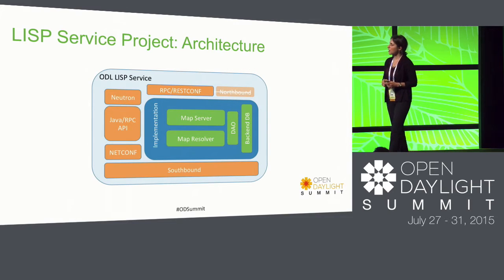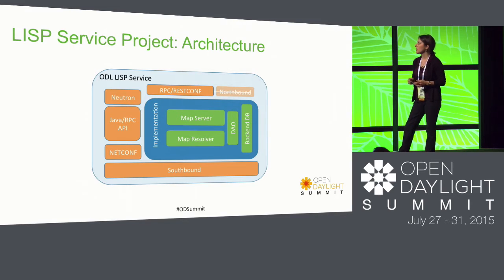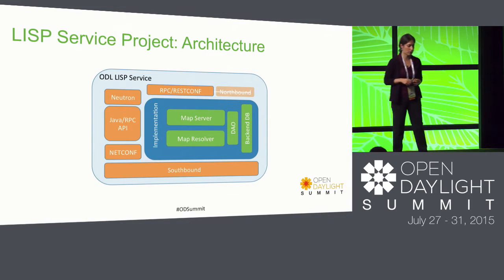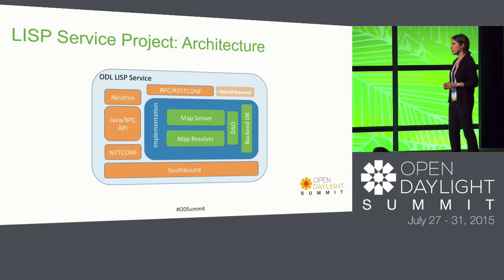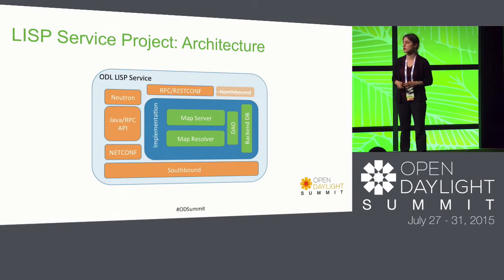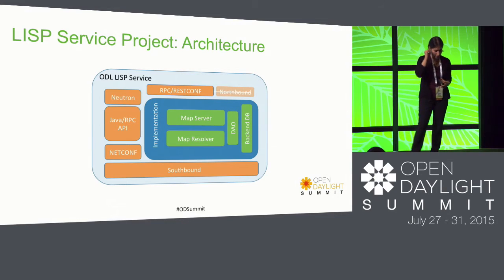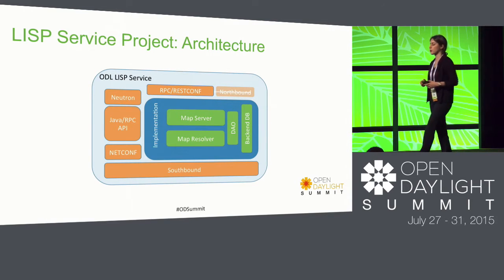Then we have the southbound plugin, which supports the Lisp control protocol. And we have support for Neutron. So we have integration with OpenStack. We're working to improve that as well, but we have the basic initial integration right now. Whenever a new VM is created with OpenStack, a new network port is created.